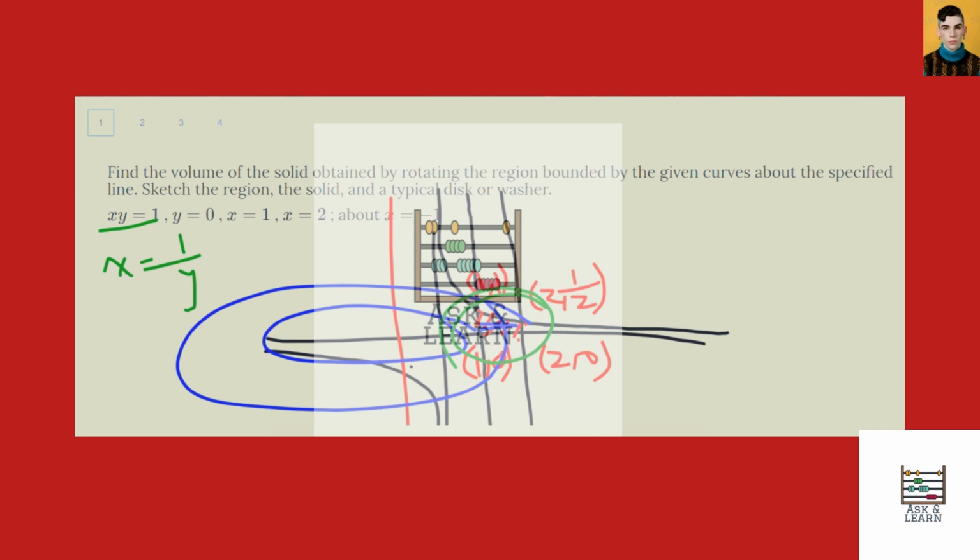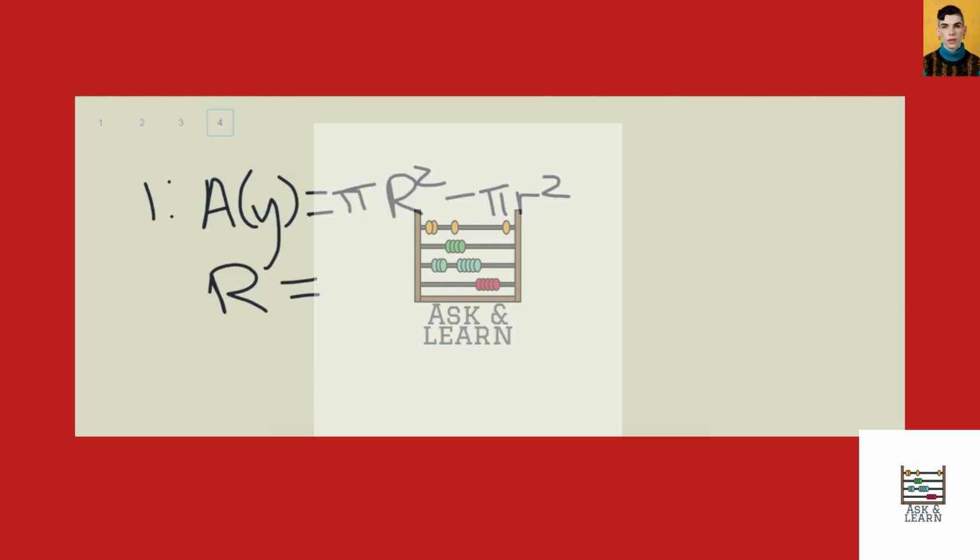Now, the x-coordinate of this curve gives you the distance of any point on the curve to the y-axis. But that's not what we need. We need the distance from any point on the curve to the x equals negative 1 line. So we have to add 1 to whatever the x-coordinate was, to take into account the distance from the x equals negative 1 line to the y-axis.